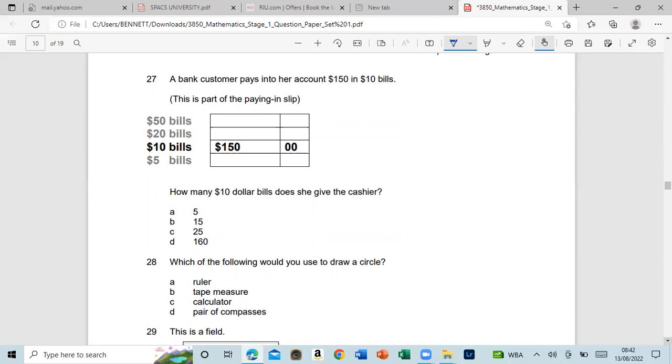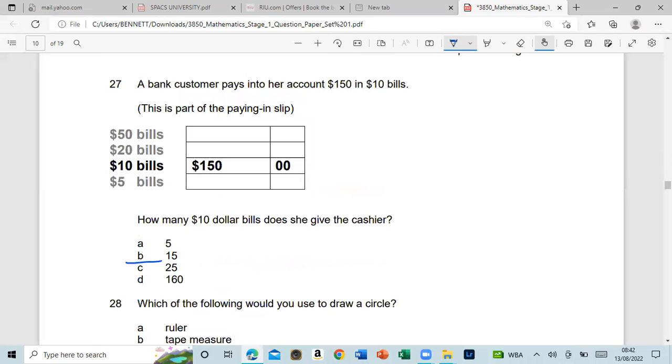Basically, it's asking how many $10 would make $150. If you're supposed to pay $150 and you're using only $10, how many of the $10 would you give the cashier? B, sir. 15. So that's 15 times 10, 150. All right. Well done.